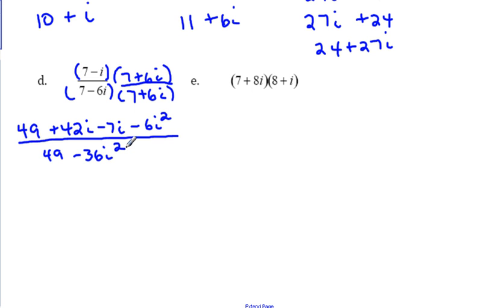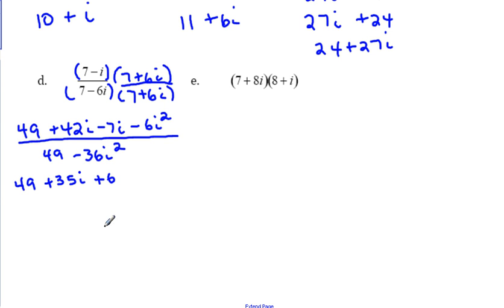So let's collect up what we can on the top. In my numerator, I have 49. 42i minus 7i gives me 35i. Just collecting my like terms there. And minus 6i squared, remember i squared is negative 1. Negative 6 times negative 1 is positive 6.